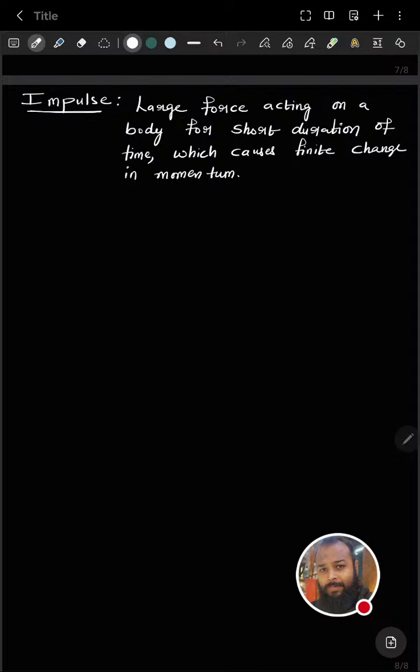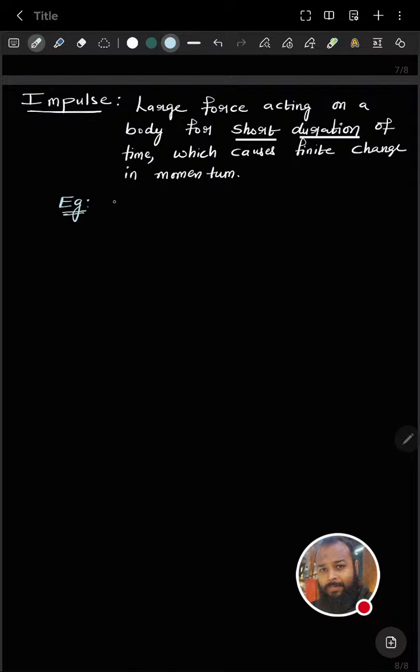Exactly. So the duration has to be very small. You have to understand this one. The short duration is the underline here, for short duration only. Suppose an example. Give me some example, sir. Examples from regular daily life?